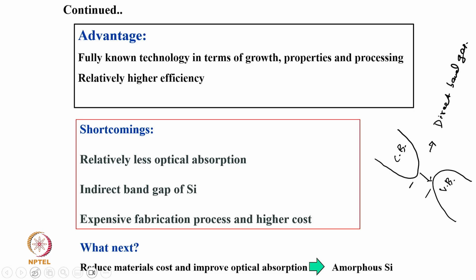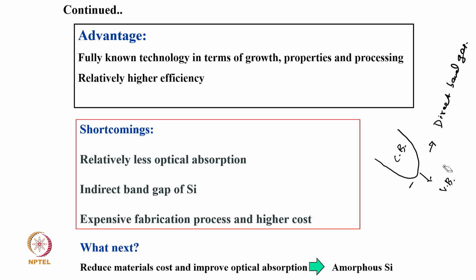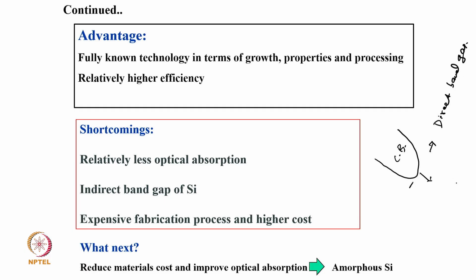But if their K points do not match, this is the valence band, this is the conduction band minima, CBM, and this is the valence band maxima. They don't match, so we call it an indirect band gap.